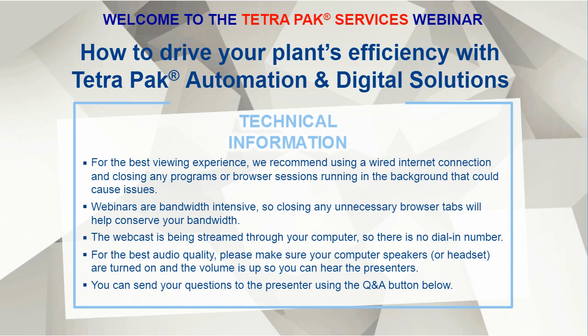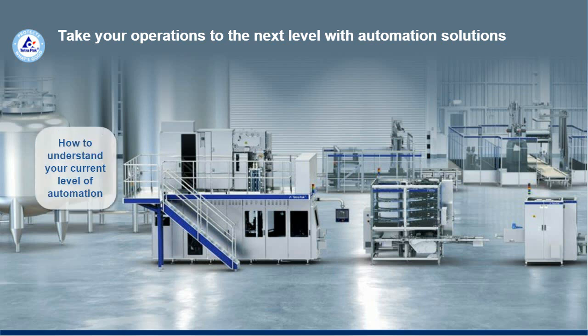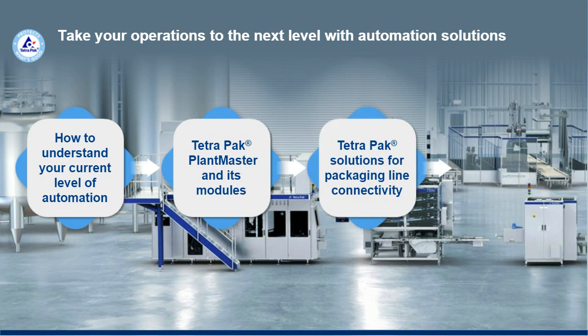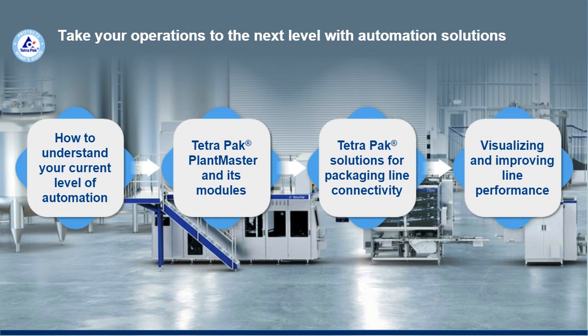So saying that, let us see the agenda. In fact, before this agenda, my colleague Denis will set the scene, like why we are here today and what we will do during this webinar. But let us see our agenda. Our agenda starts with how to understand the current level of automation. And then we will talk about Tetra Plant Master and its modules.